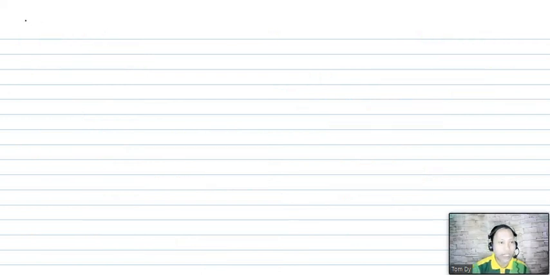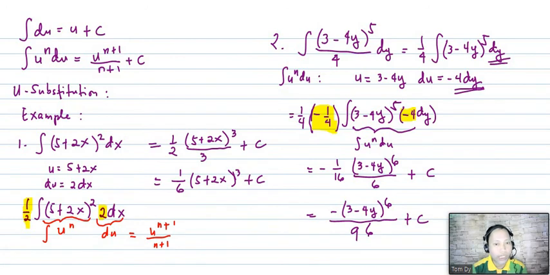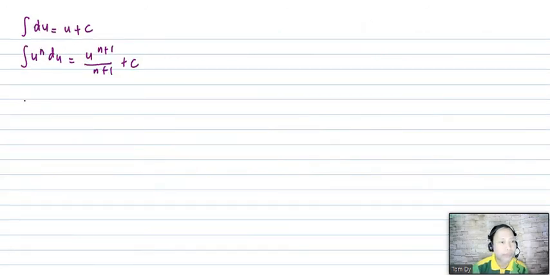So take note again, the integral of du equals u plus c, and the integral of u to the n du is equivalent to u to the n plus 1 over n plus 1 plus c. Okay, this time example number 3, this is just a continuation.